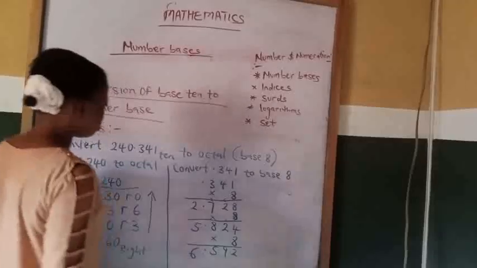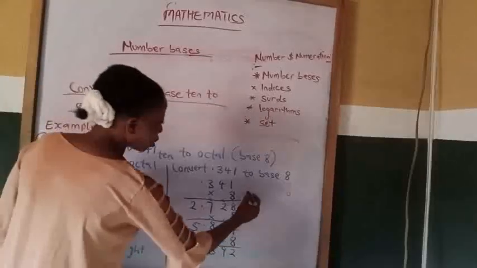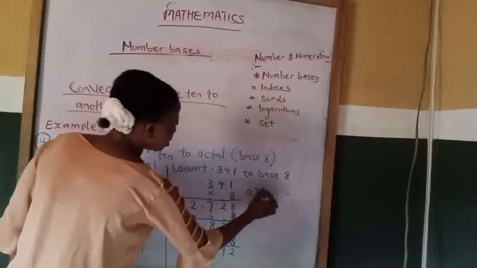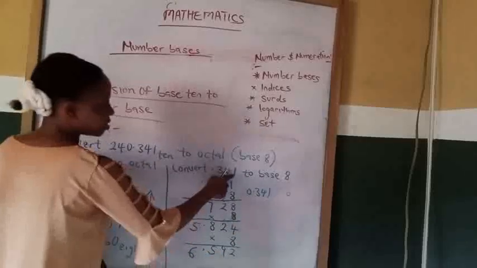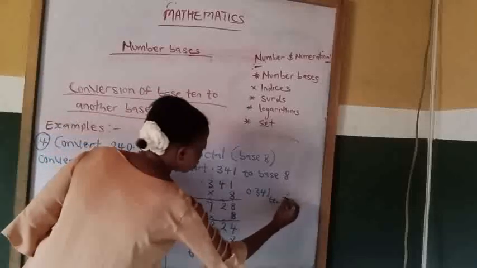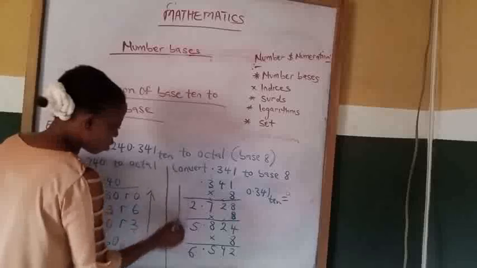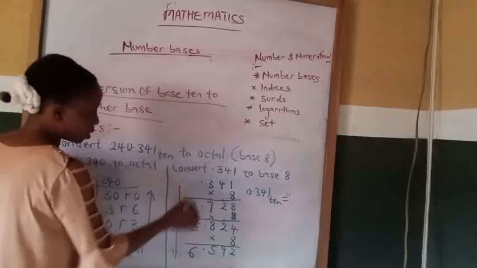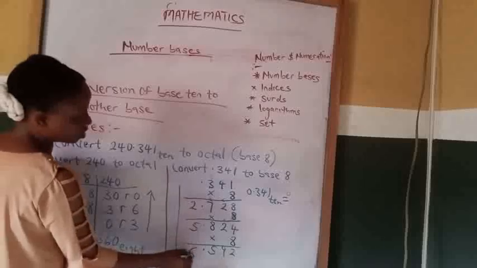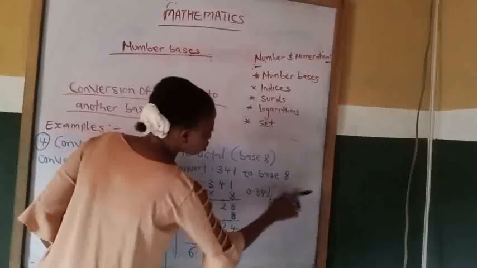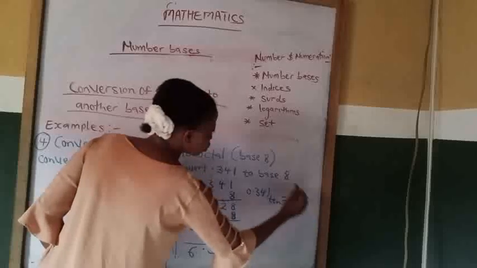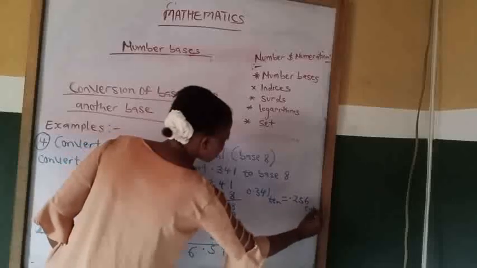So therefore 0.341 base 10 equals, the downward collection of your whole numbers will be the answer, .256 base 8.